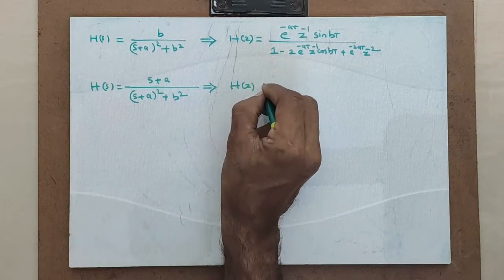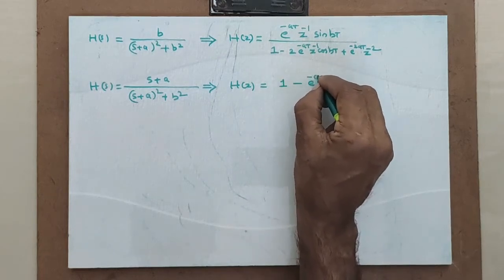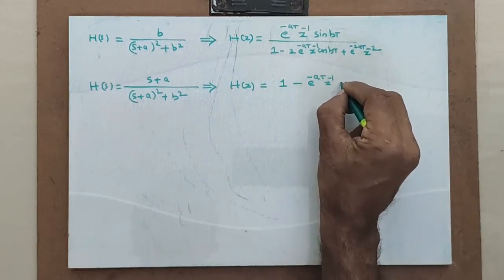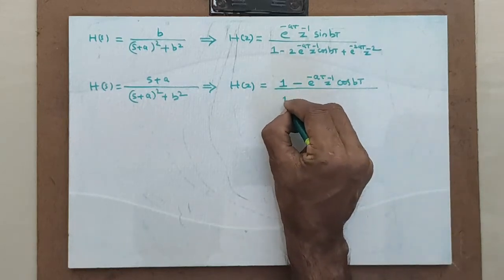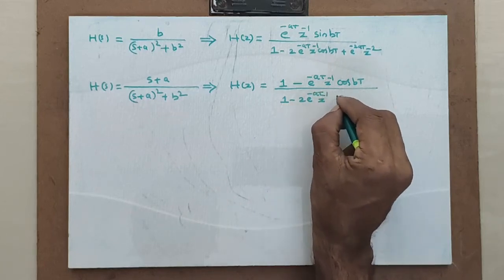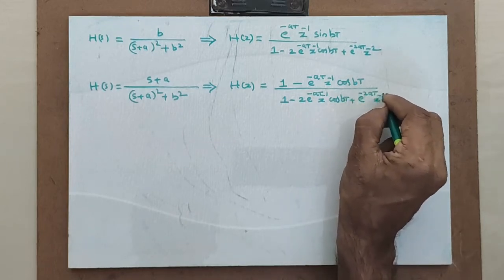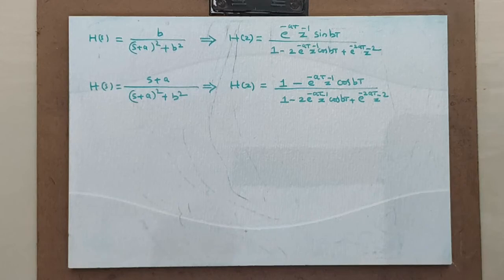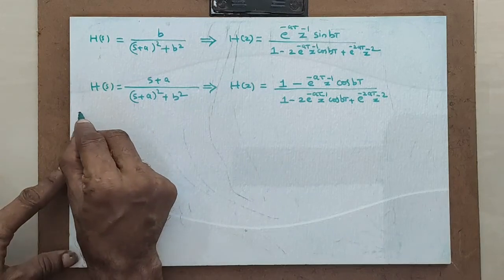The corresponding h of z is equal to 1 minus e raised to minus at z raised to minus 1 cos bt, whole divided by 1 minus 2 e raised to minus at z raised to minus 1 cos bt plus e raised to minus 2at z raised to minus 2. Okay, these two have the same denominator, as you can see here. We have derived these two in the previous boards. Let us see one numerical example.